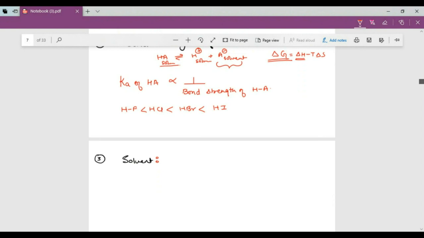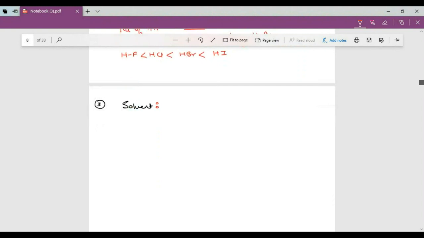The choice of solvent limits the pKa range we can use in a particular medium. Whichever solvent you want to use, you select.